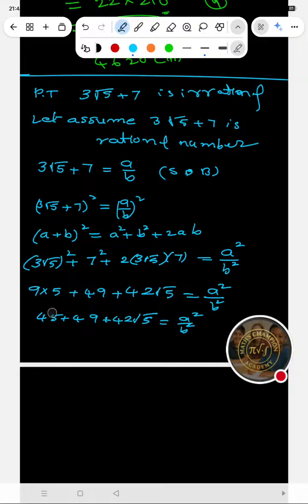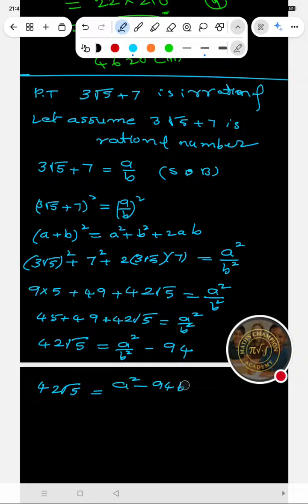If you take that 94 to the other side, it becomes 42 root 5 is equal to a square by b square minus 94. So 42 root 5 is equal to a square minus 94 b square by b square.